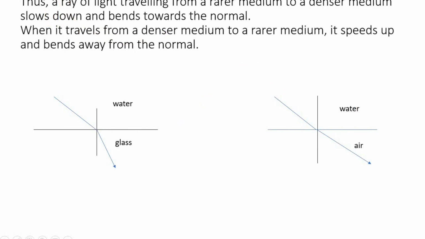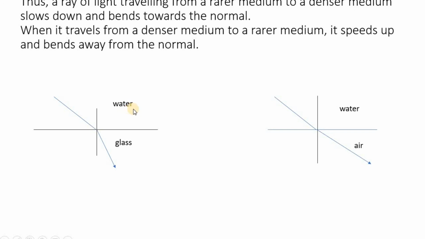Here, a ray of light traveling from a rarer medium to a denser medium slows down and bends towards the normal. When it travels from a denser medium to a rarer medium, it speeds up and bends away from the normal. With water as the rarer medium and glass as the denser medium, the refracted ray bends towards the normal.